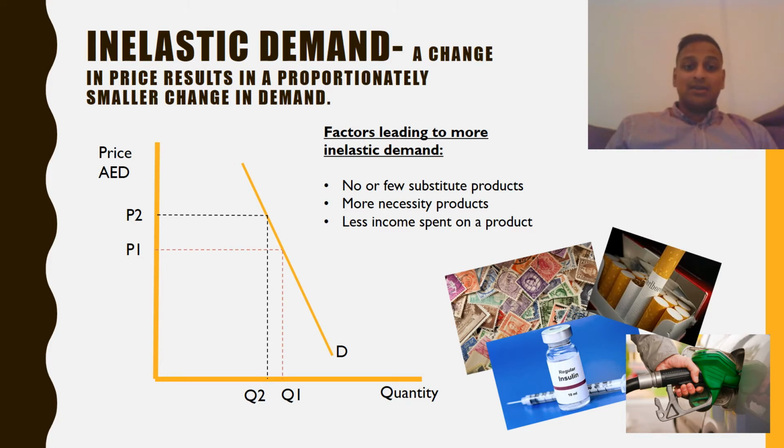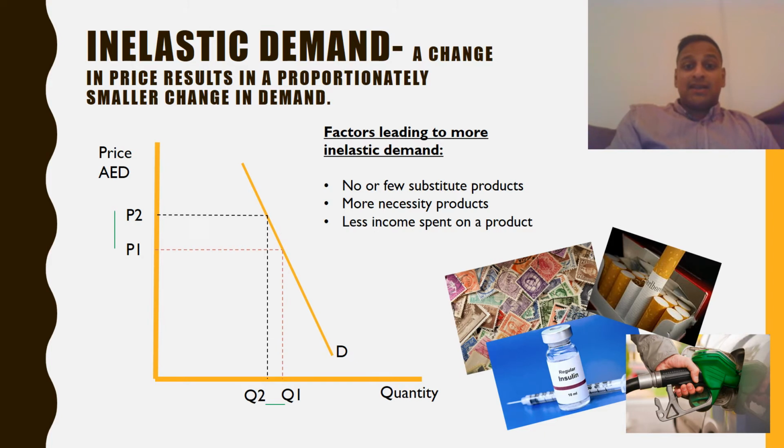So here we can see that the demand curve is steeper than the demand curves for elastic products, which tend to be more horizontal and more flat. So we can see here when the price increases from P1 to P2, it results in a proportionately smaller change in demand from Q1 to Q2, which is the total opposite of what we've seen with elastic demand.